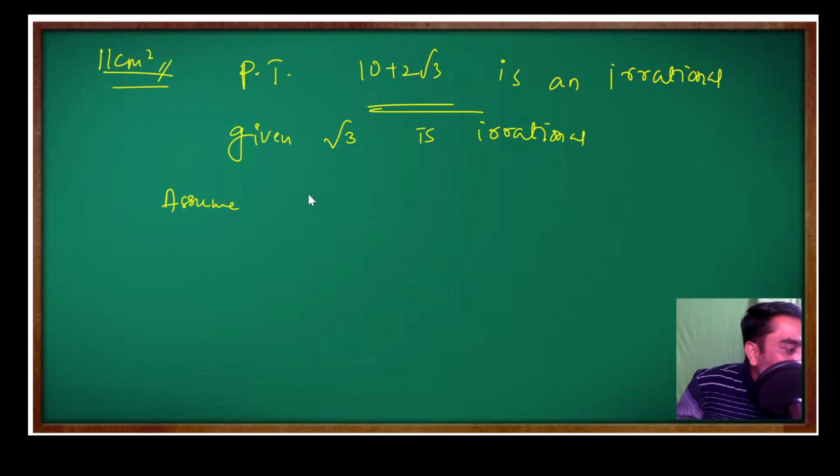Sir, in Sahodaya, they didn't give us marks for not proving root 3 is irrational again. So I did not get it. What?